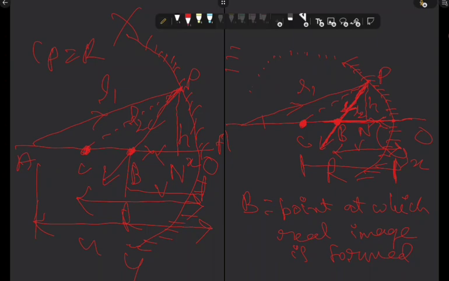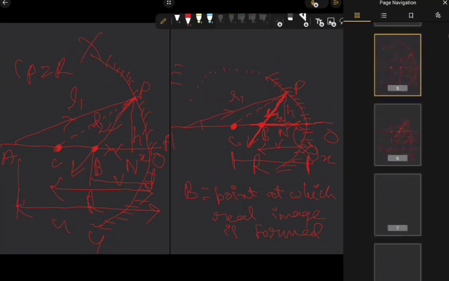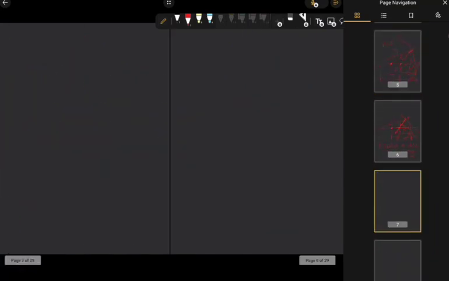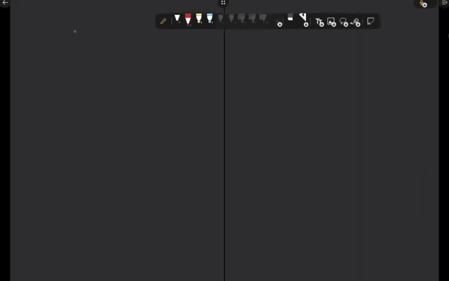Now, as you might have drawn all this in your notebooks, let's move on and see further. XY is your concave mirror. If you have drawn the figure, then you will understand everything.